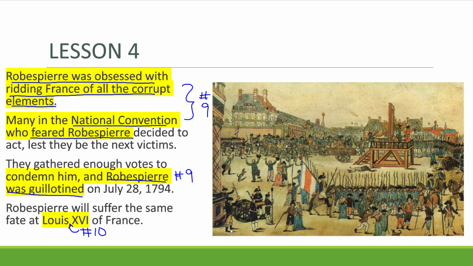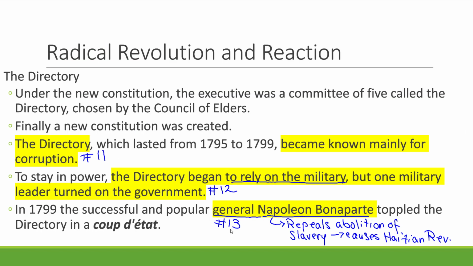Under this new constitution now, they're trying to do away with the Committee of Public Safety, right? Under this new constitution, there was an executive committee of 5 that was called the Directory, and they were chosen by the council of elders.